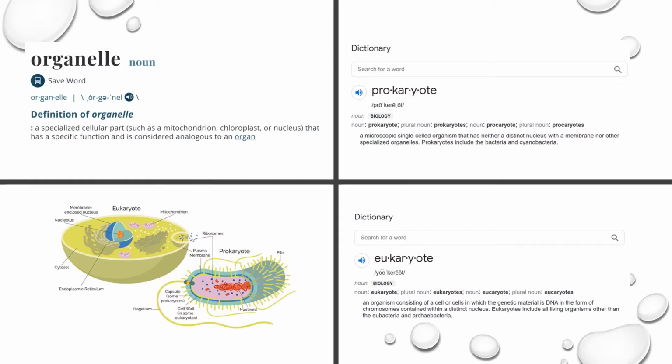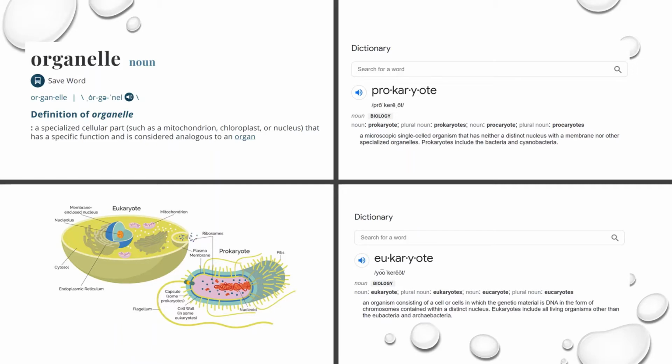There are two main kinds of cells. They are called prokaryotes, or prokaryotic cells, and eukaryotes, or eukaryotic cells. Eukaryotes are the cells that have all of these organelles that we will be discussing today, and they're the most advanced kind of cell that exists. All of our human cells are eukaryotes.